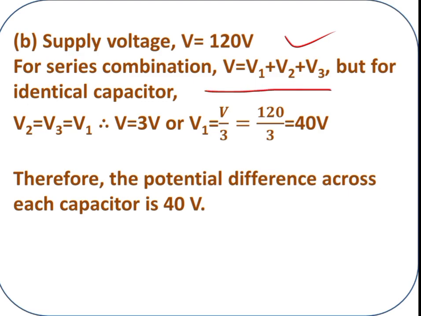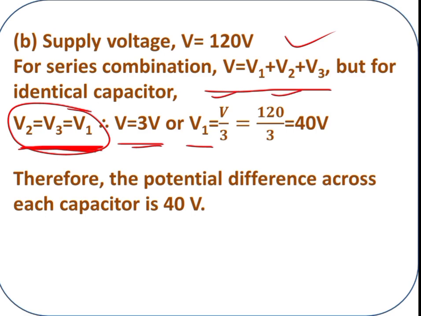Next, what they have asked: if suppose voltage is given 120 volt for the series combination, V is equal to V1 plus V2 plus V3, but for identical capacitors, all are identical, same values. For that reason V1 is equal to V2 is equal to V3. Therefore V is equal to 3V1, because all are identical, 9 only, that is the reason. So we have to equate all. V1 is equal to V by 3. V is how much? 120.